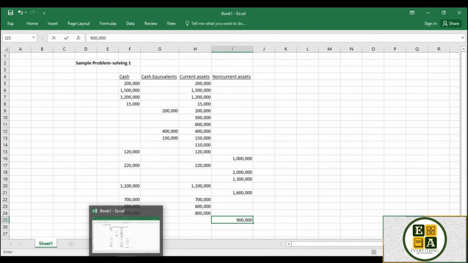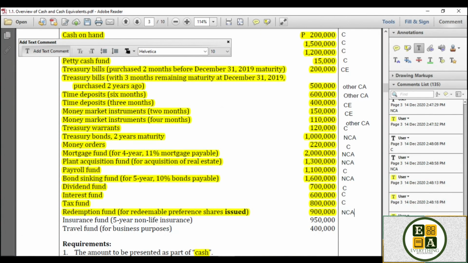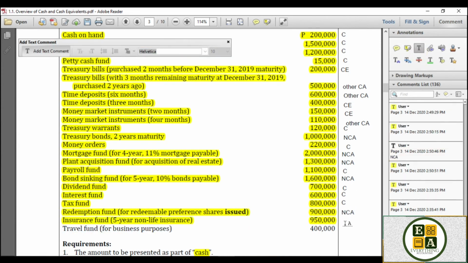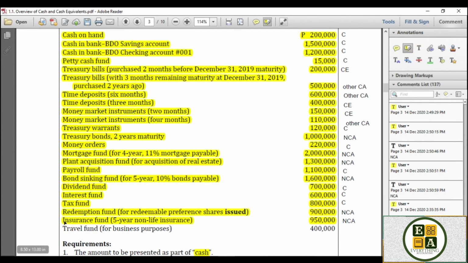Okay? Then we have insurance fund for 5-year non-life insurance. So automatic non-current asset. Then we have travel fund, naka-enclose, in parentheses, sabi niya, for business purpose. But generally, pag sinabing travel fund, really for business purpose yan. Okay?